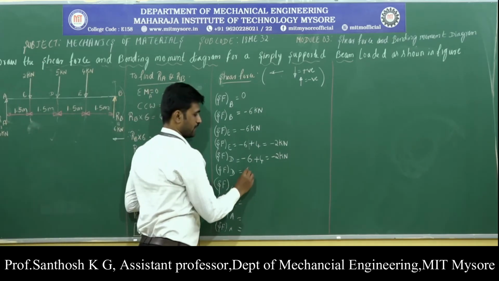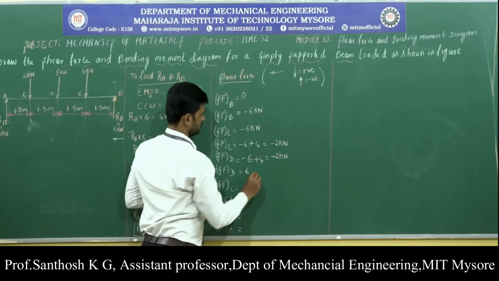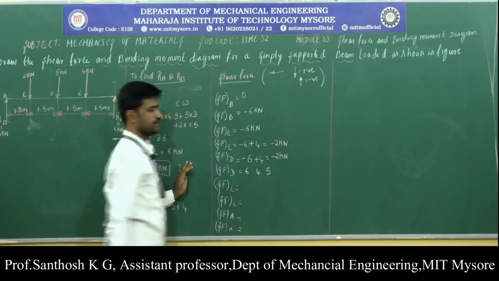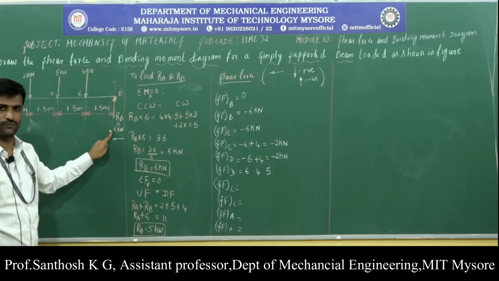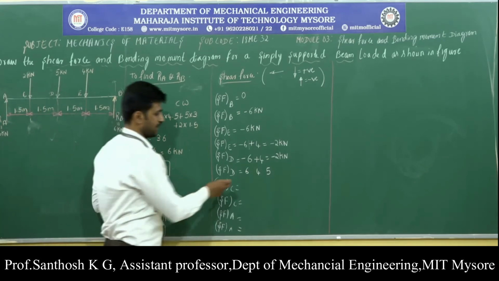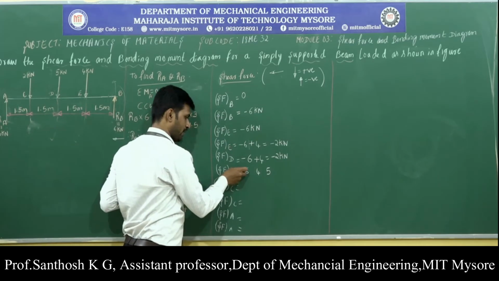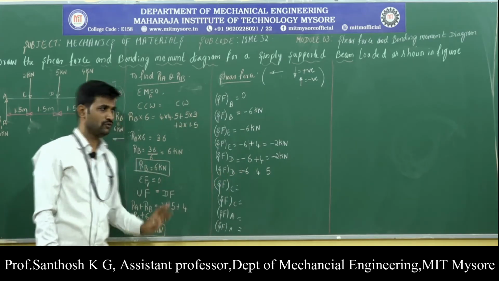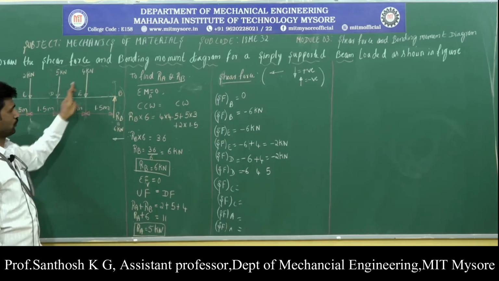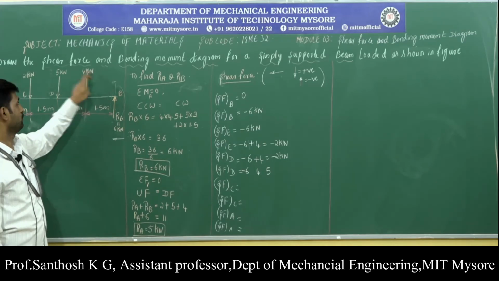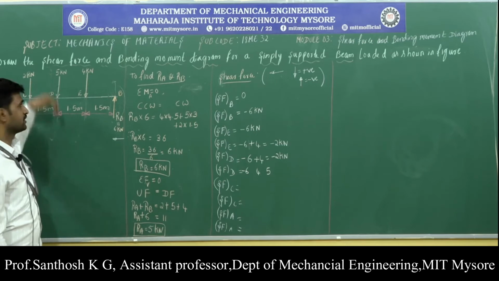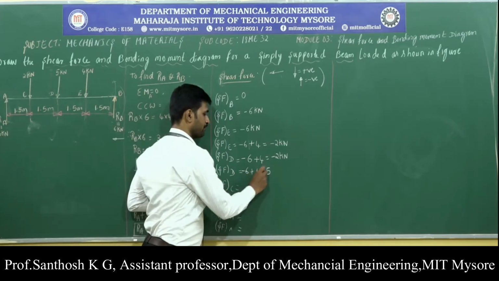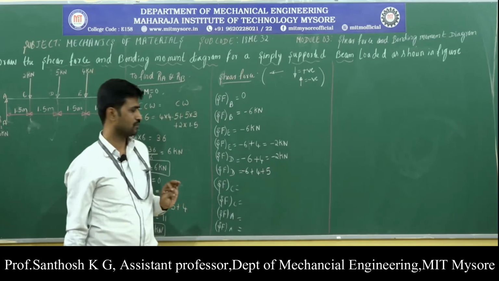The 6 kilonewton force is acting in upward direction, therefore I should denote it with a negative sign, and these two forces, 4 kilonewton and 5 kilonewton, since they are acting in the downward direction, should be with a positive sign.